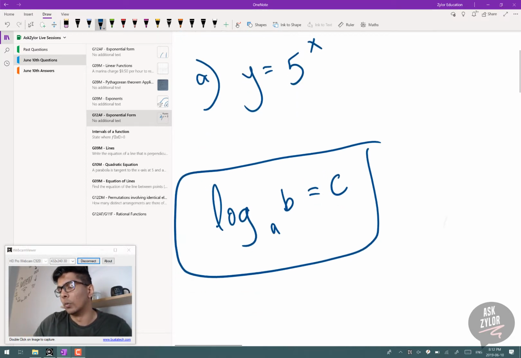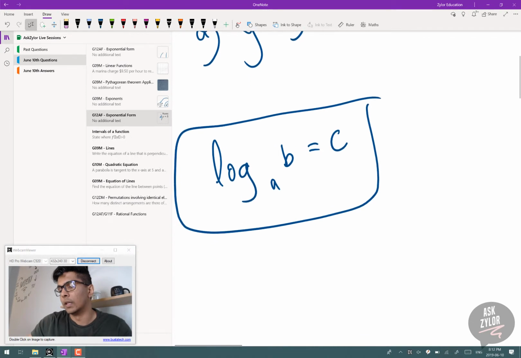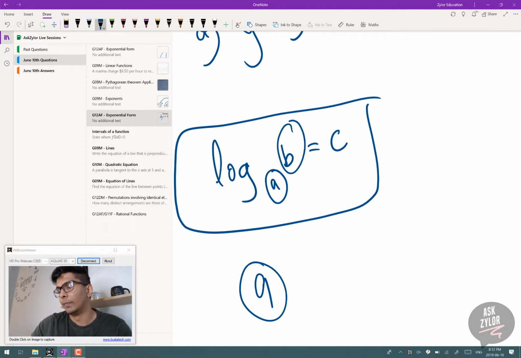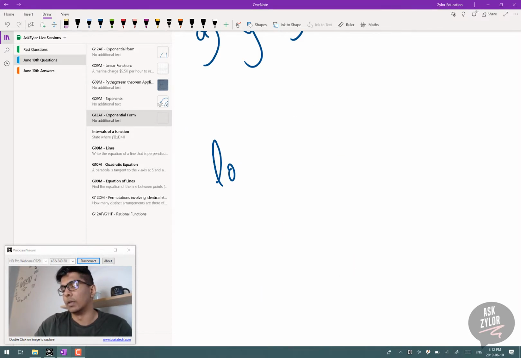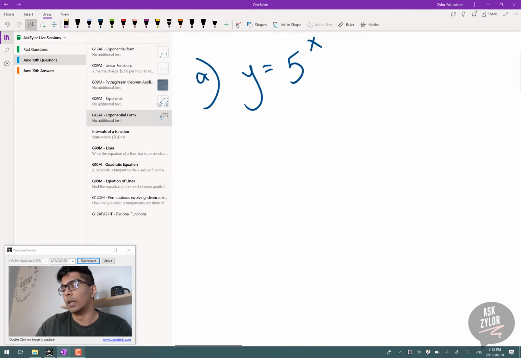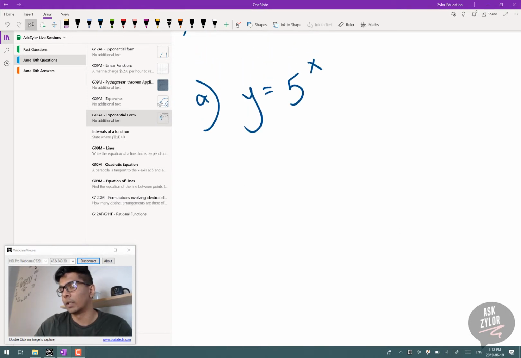Okay, so what logarithms do is they take this A value and see what exponent I should raise my A value to in order to give me my B value. Right? And that is the output of the logarithm. So my A raised to some exponent C should give me my B term. Okay, so let's apply this to the exponential form they've given us. So y is equal to 5 to the power of x.